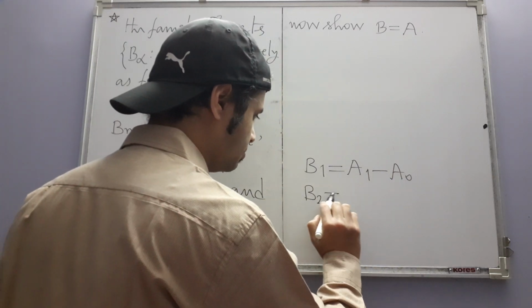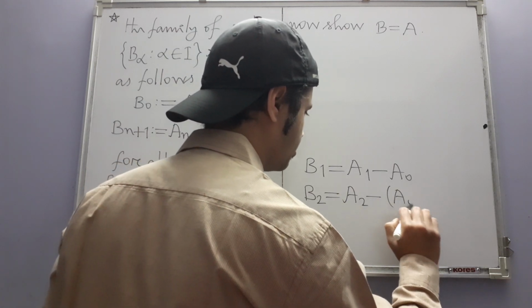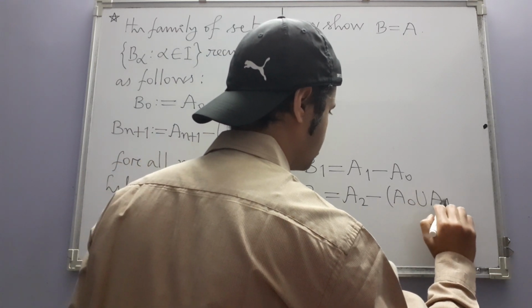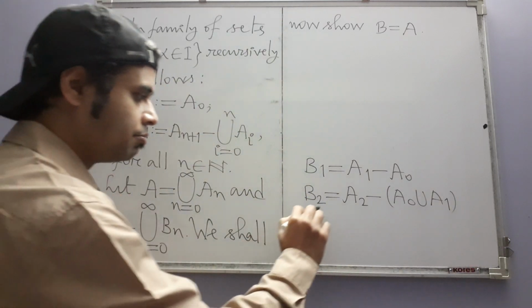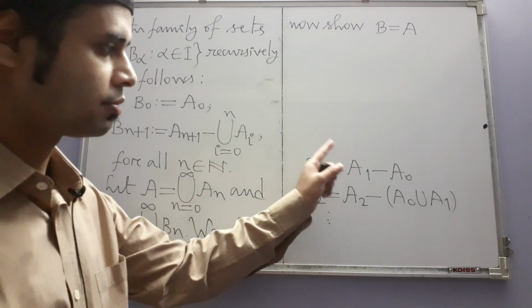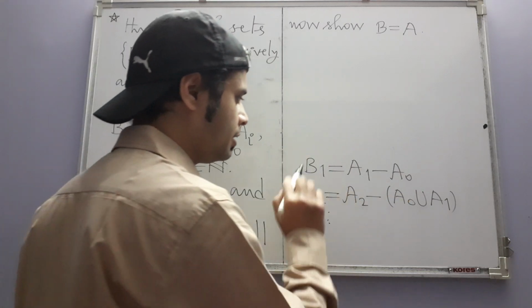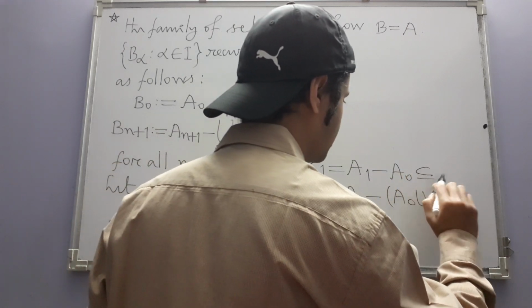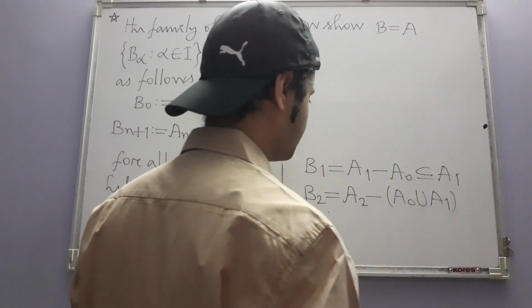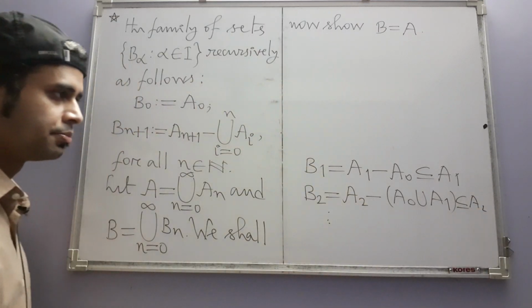What is B2? B2 is A2 difference the union of A0 and A1, and then B3 accordingly will be A3 minus the union of A0, A1 and A2. So at each stage we see that it's a subset of An: this one is a subset of A1, this one is a subset of A2, and so on.